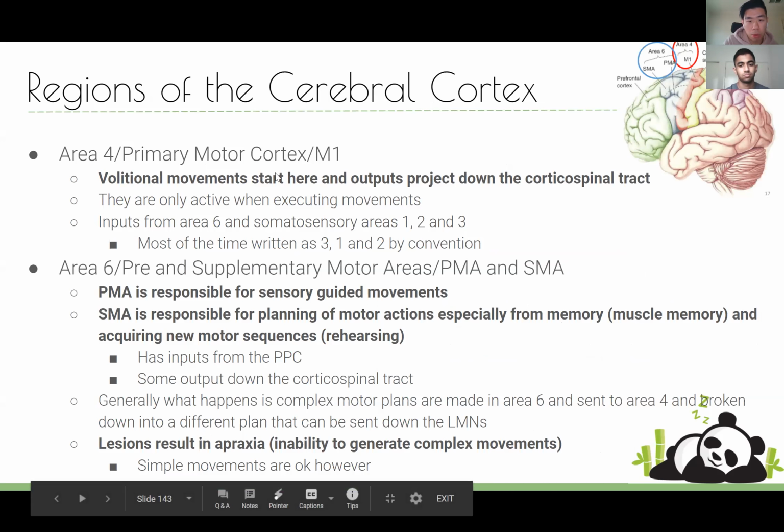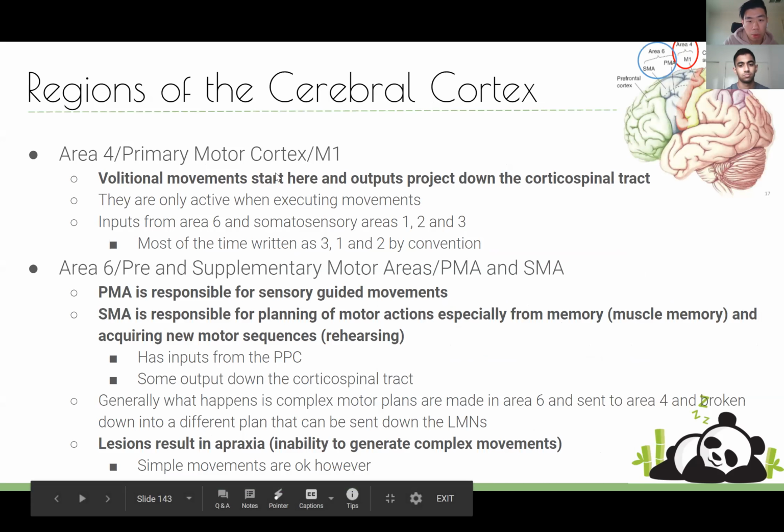Basically what these do is they generate complex motor plans, which are made in area 6 and sent to area 4, which translates them into actual movements that we can actually do. Lesions here cause apraxia, problems with complicated movements, but simpler movements are okay.